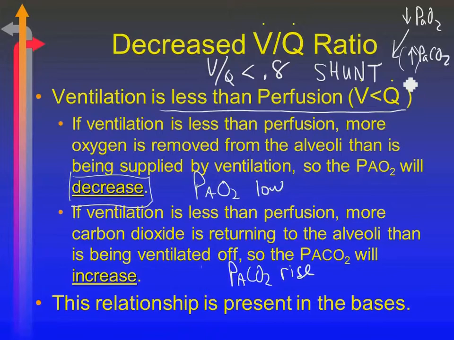Shunts are refractory, meaning that with a relative shunt, you're not going to see the improvement in oxygen that you expect to. Man, that ventilation and perfusion really screws you up.